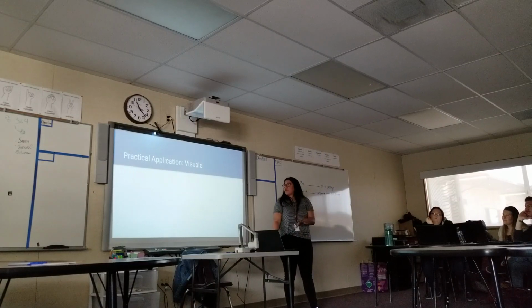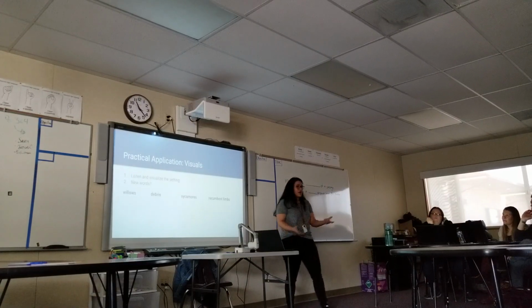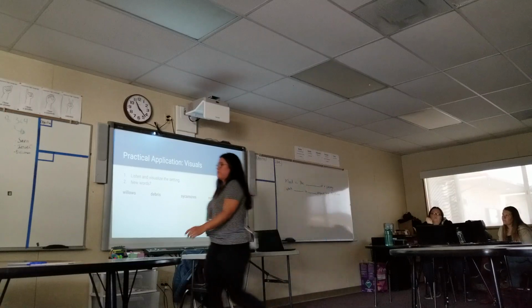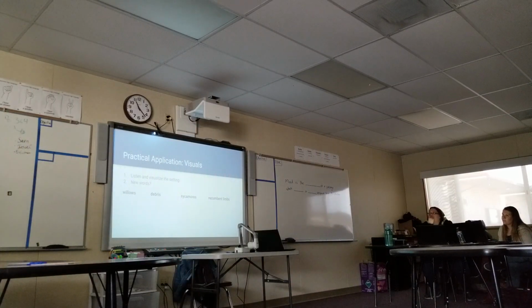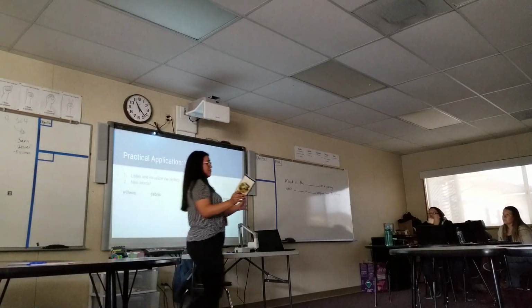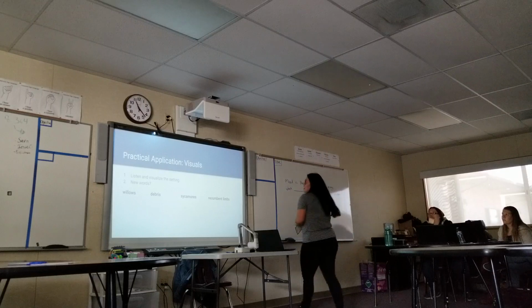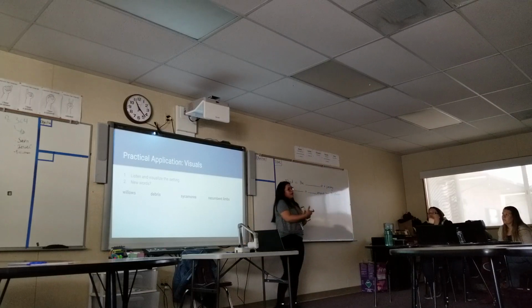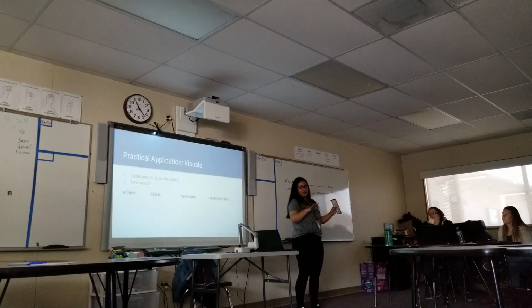So this is a practical application of visuals. I'm reading Of Mice and Men with my students. And at the beginning of each chapter, Steinbeck describes the setting. That's his focus for the first two paragraphs. I read the paragraph to them, and they're supposed to just visualize the setting.